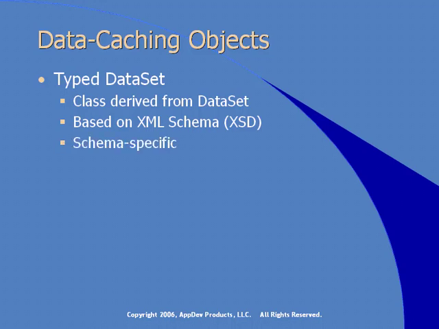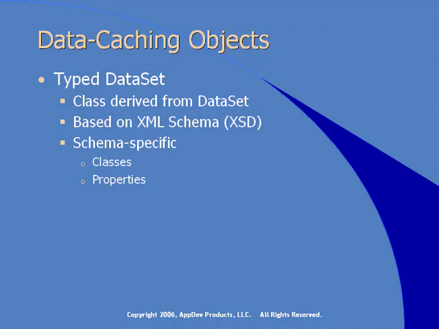So these are schema specific. And as I say, it's a set of classes, each typed data set. It's not just a single class. It's a class corresponding to the data set as a whole that's derived from data set, but there are also classes corresponding to the individual data rows themselves. That would be, for example, a product row that knows that it has properties corresponding to the different columns in that product data table.